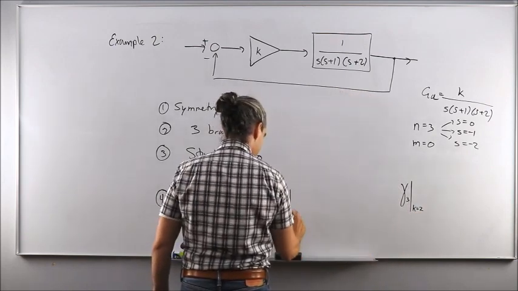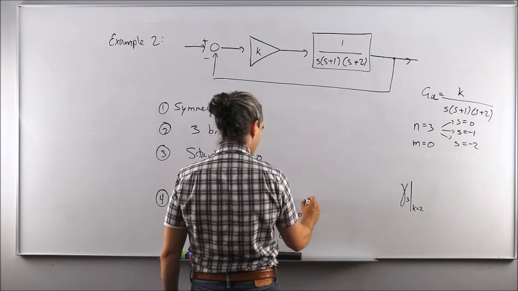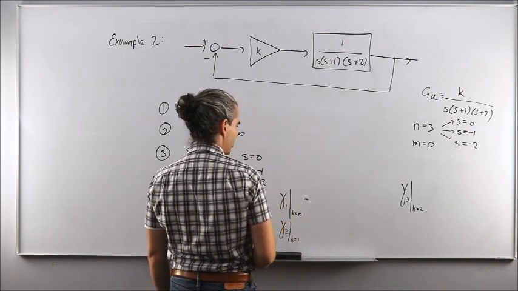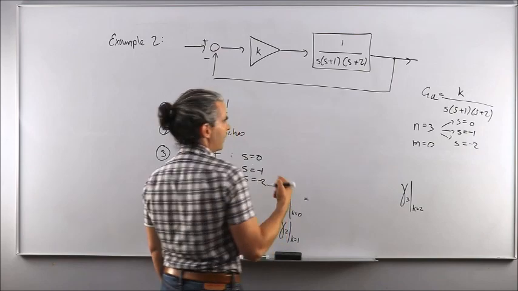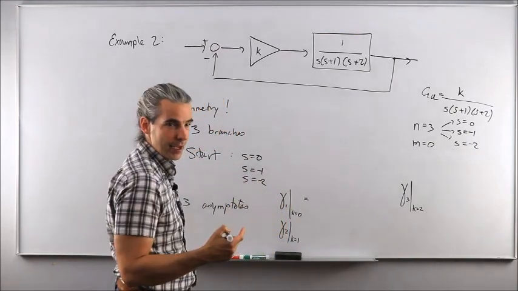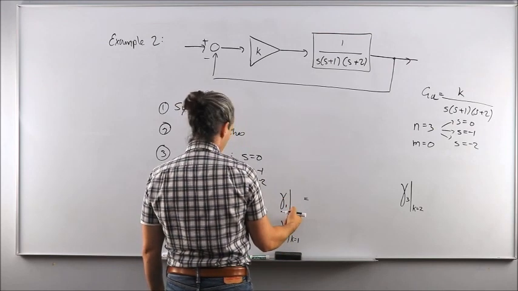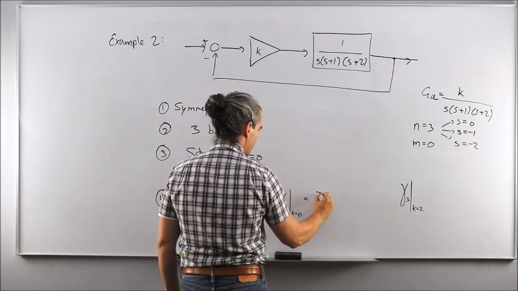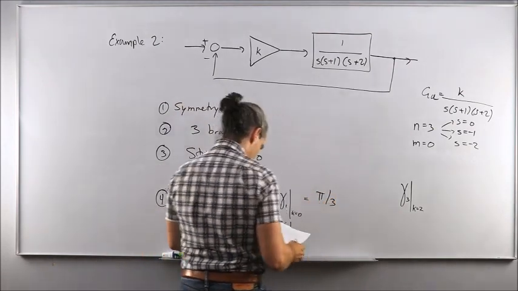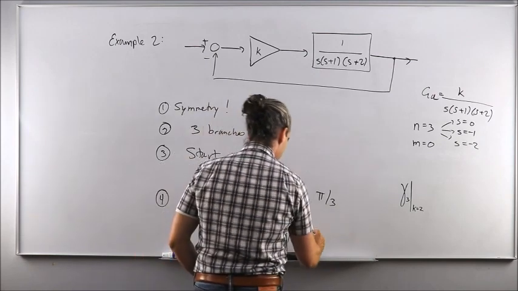And that's not a 6, but that is indeed a 2. So remembering the equation, we have 1 minus 2k over n minus m, 1 minus 0 over 3 gives me pi over 3, or 60 degrees.